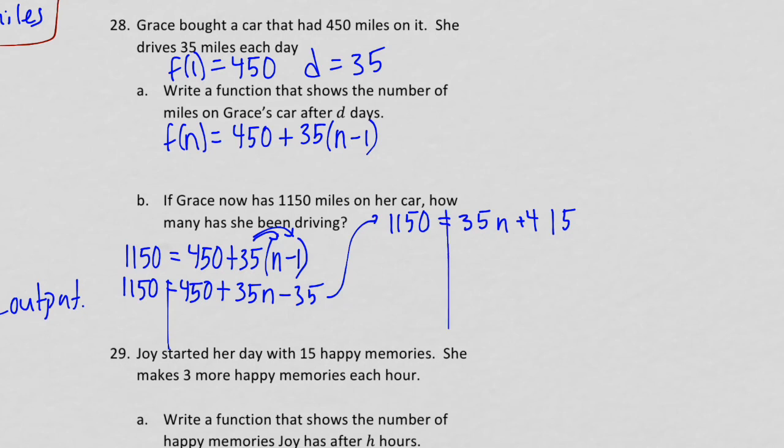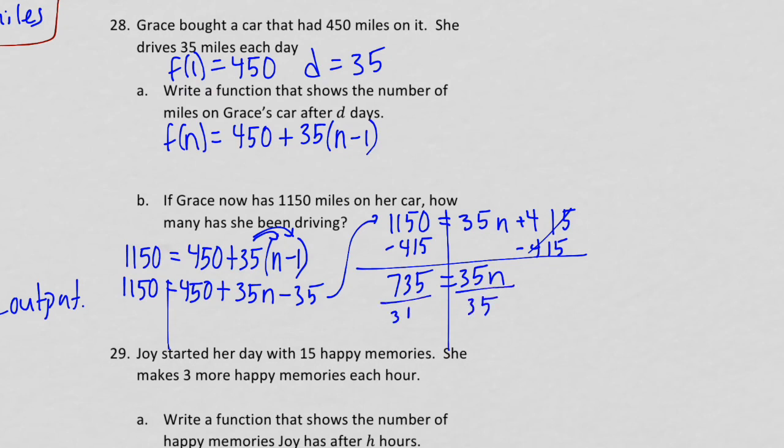And that's basically a two-step equation that we can solve. I'm going to subtract 415, and so 35n equals 1150 minus 415, which is 735.